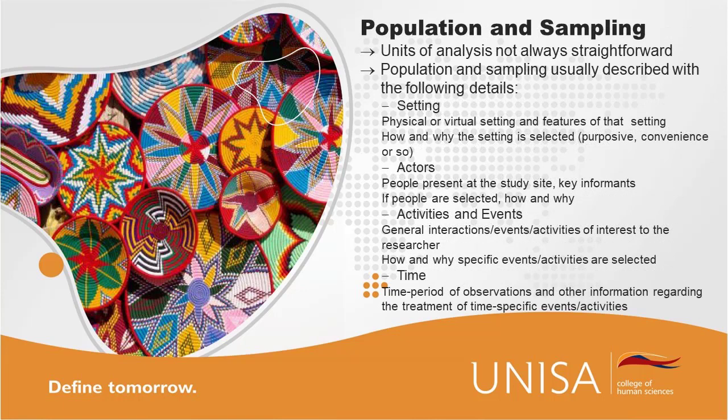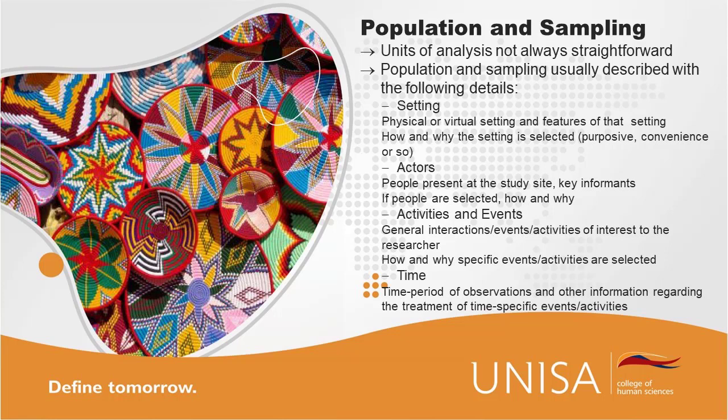Next up is population and sampling. Now, describing the population and sampling are not straightforward or easy in the case of observations. This is because the sampling units can be a combination of individual people, groups of people, organizations, or social artifacts like events, interactions, behaviors, and so on.